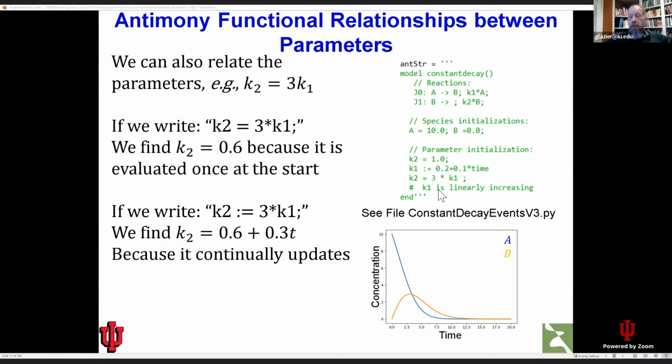So let me annotate that, fix that. Make this line K1 equals 1.0. And then we'll say K2 equals 3 times K1 and run that.